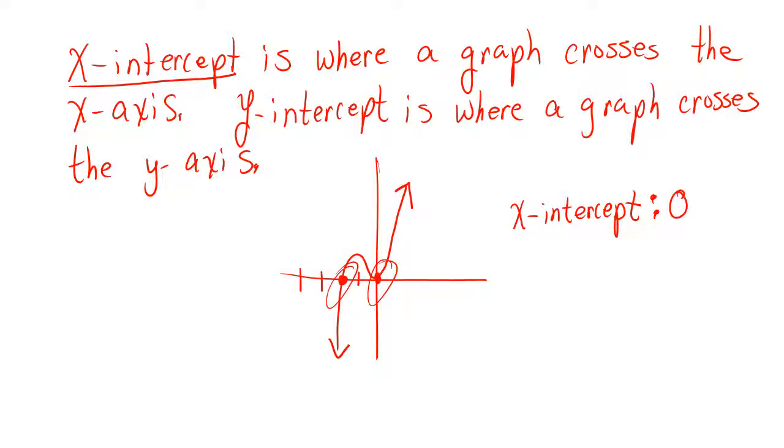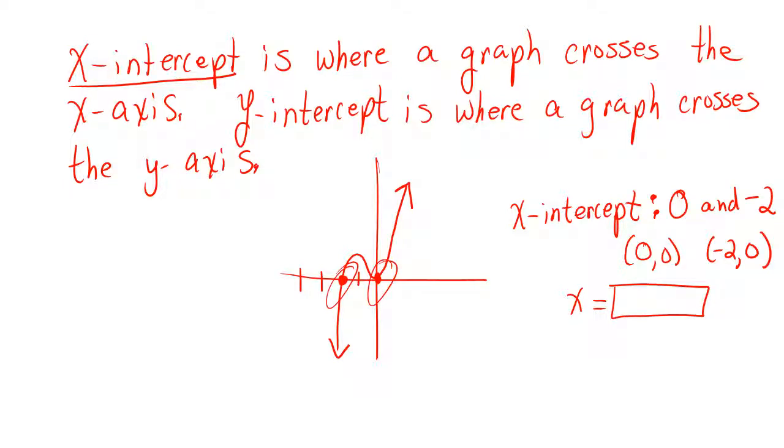So we would say both 0 and negative 2 are the x-intercepts. These can also be written in ordered pair form as 0, 0 and negative 2, 0. Commonly, when you write these in online homework, it'll say x equals what and just give you a box. You could just put 0, negative 2 and the software would understand that represents 2 answers. The order does not matter.